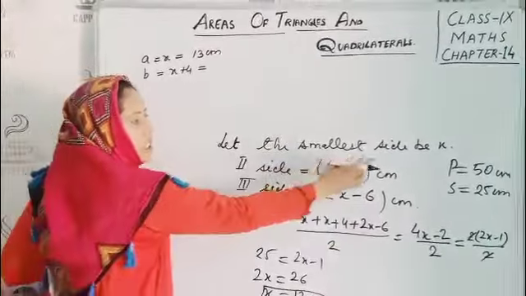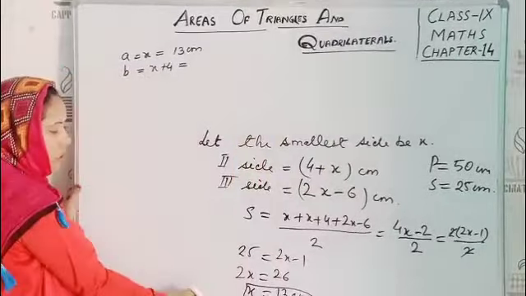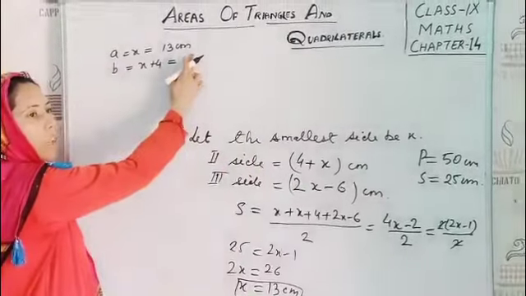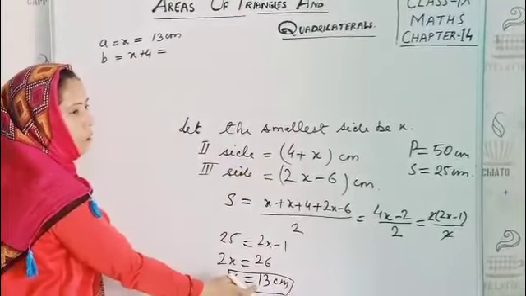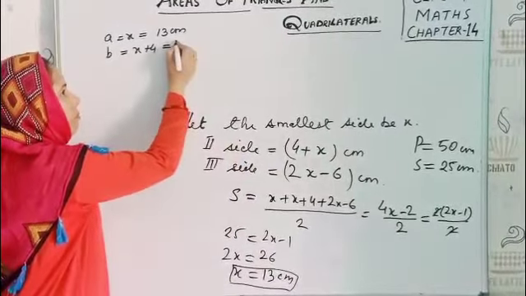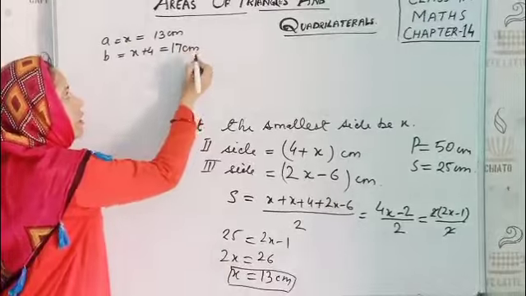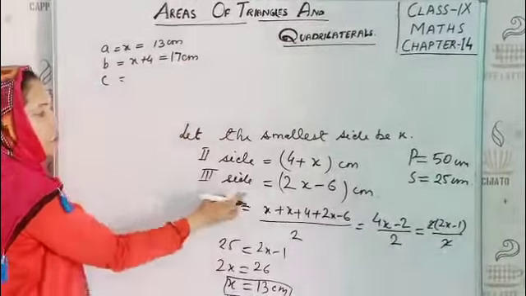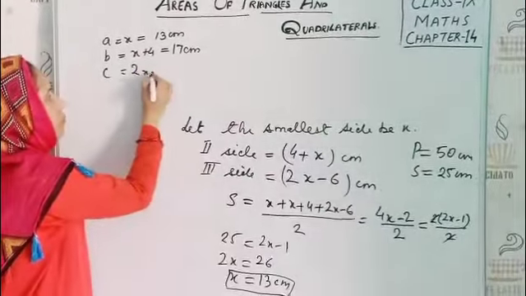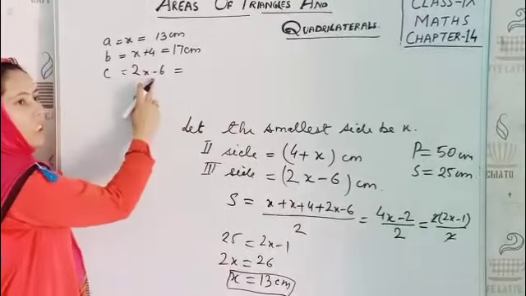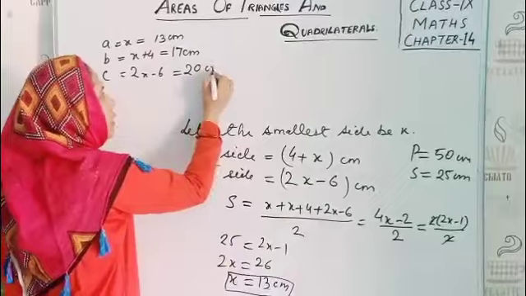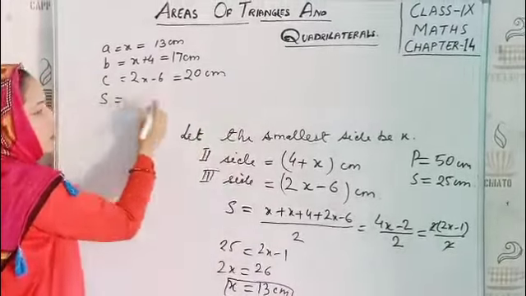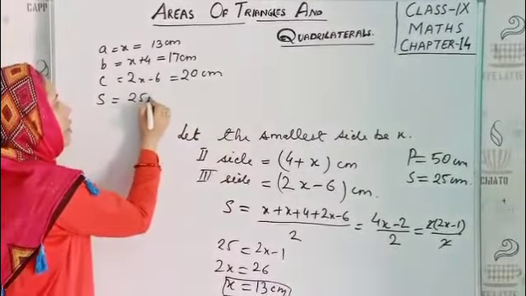First side is x, the smallest one, so x is 13 centimeter. Second side is x plus 4, so 13 plus 4 will be 17 centimeter. Then third side is 2x minus 6. 13 twos are 26, minus 6 is 20 centimeter. And we know S is equal to 25 centimeter.